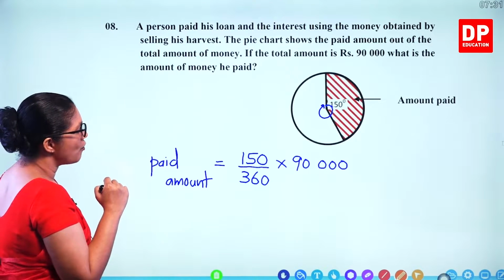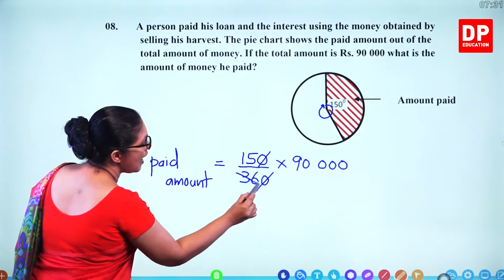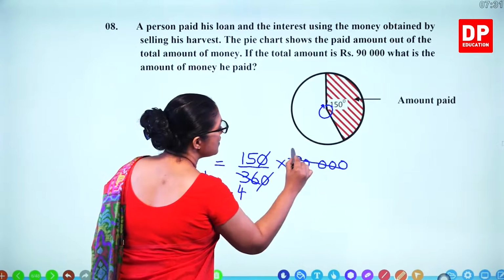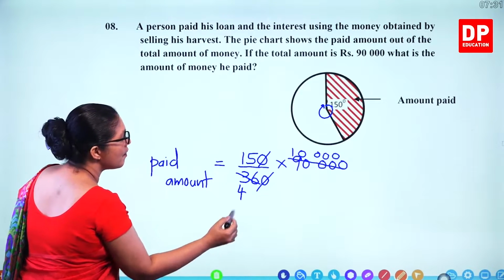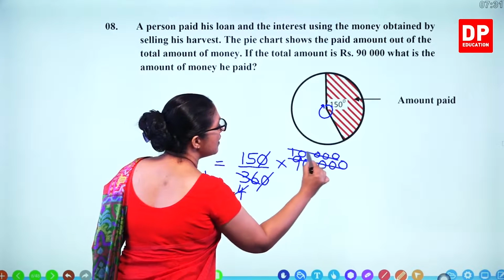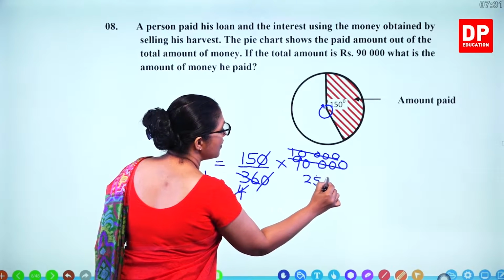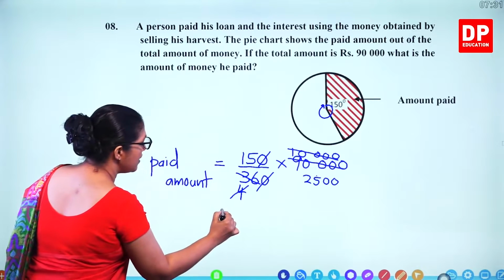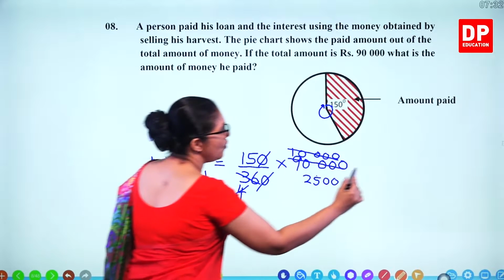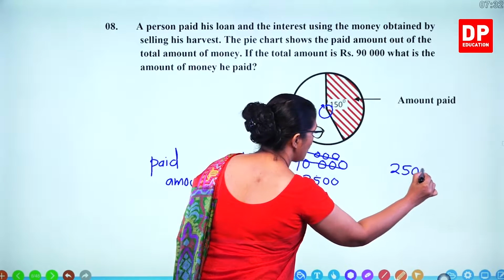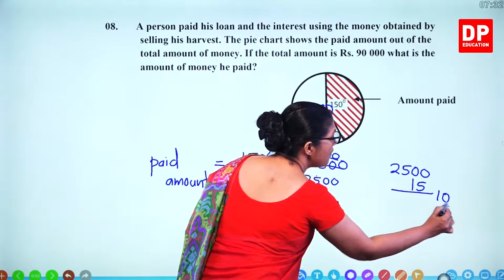this. Now how do you simplify? 0s get cancelled out. 9 times 4, 9 times here 10,000. Then 4 times here, 4 times 25. So 2,500 into 15. So you can do it separately. 2,500 multiplied by 15 means 10 and 5.